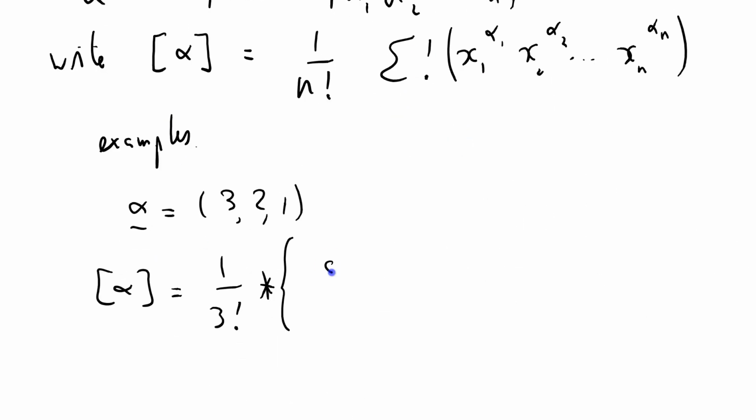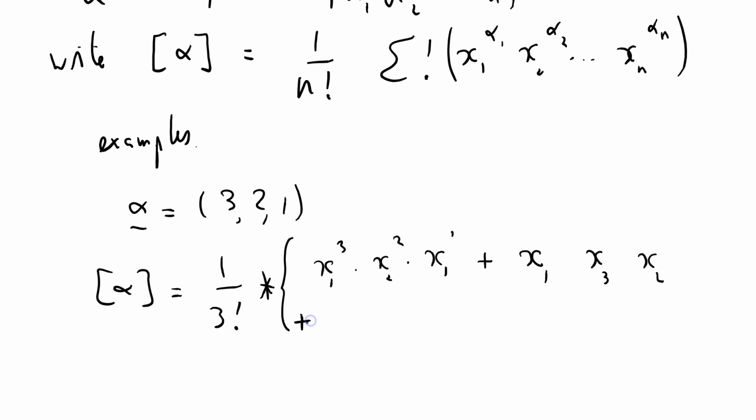So I'll write the first one. It's going to be x1 cubed times x2 squared times x3 to the power 1, plus, now what I'm going to do is permute the x's but not the alphas. So it's going to be x1, x3, x2.